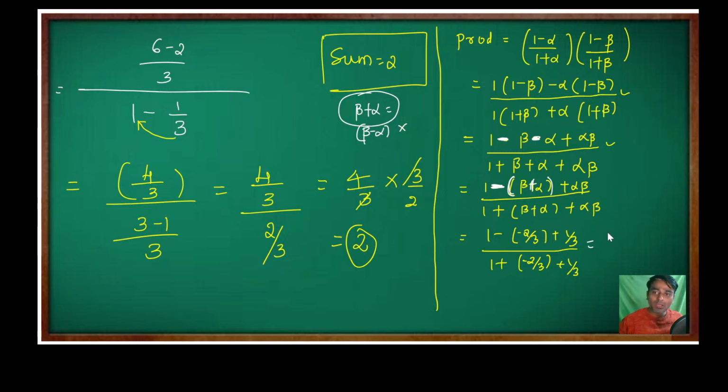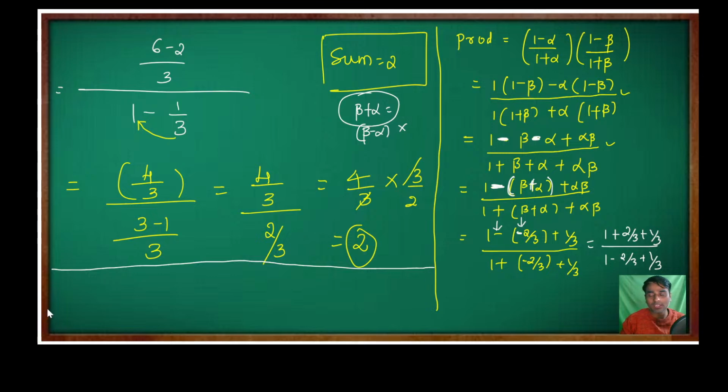Simplify this number. 1 plus, you can look here, there are two minus, one minus outside and one minus inside here. So this will become 1 plus 2 by 3 plus 1 by 3 divided by 1 minus 2 by 3 plus 1 by 3, like this. Then finally I will write here. So this will become 1 plus 1, 1 plus 3 by 3 whole divided by 1 minus 1 by 3.